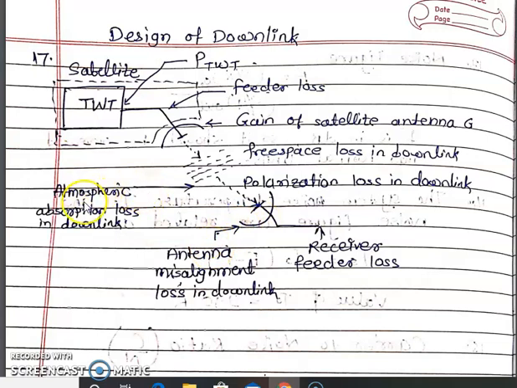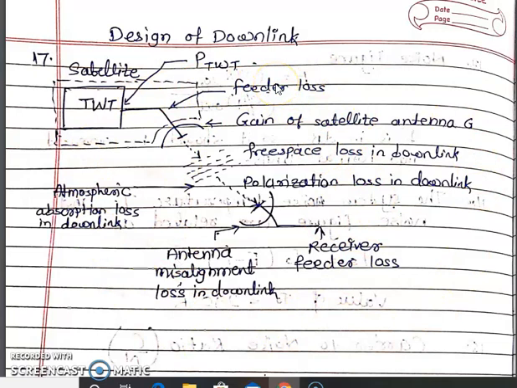Again, atmospheric absorption loss, that is AA, and receiver feeder loss, since from the antenna another cable, the feeder cable, is connected to the receiver. So this many losses are considered in the design of the downlink.